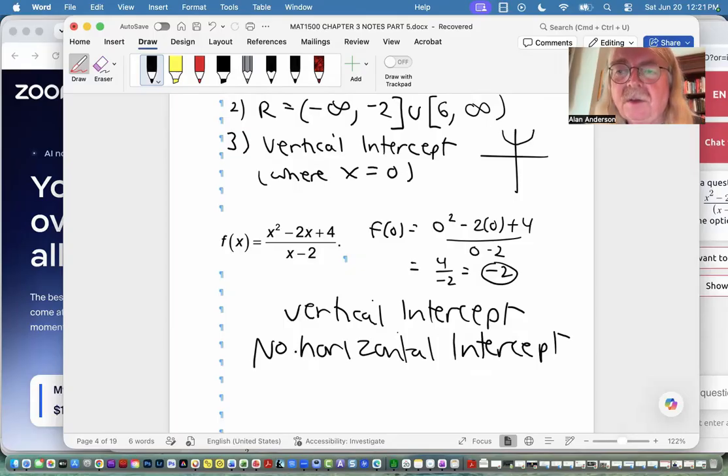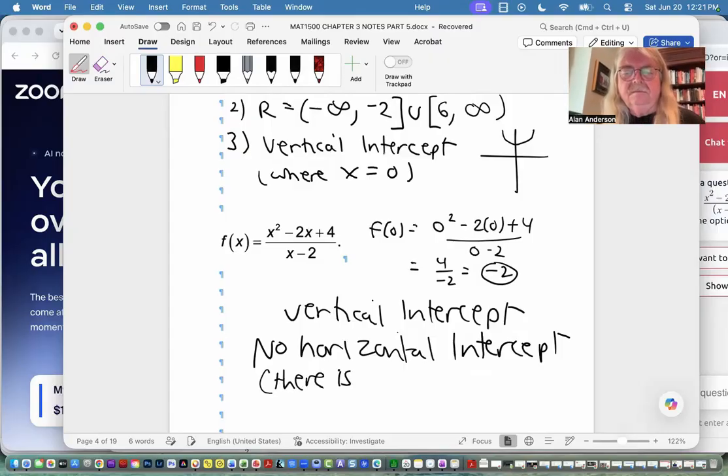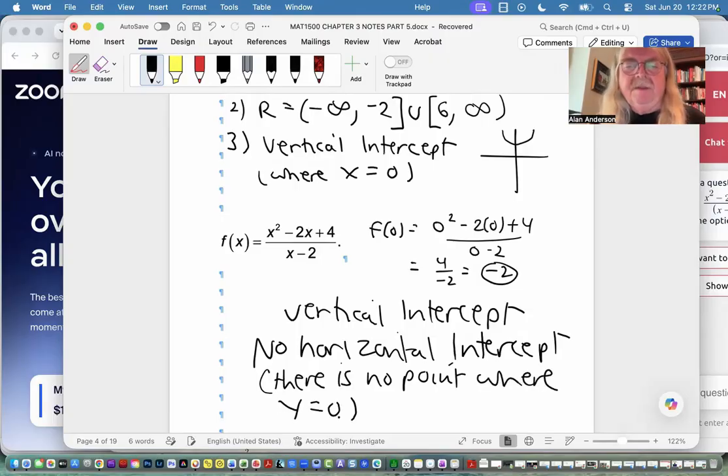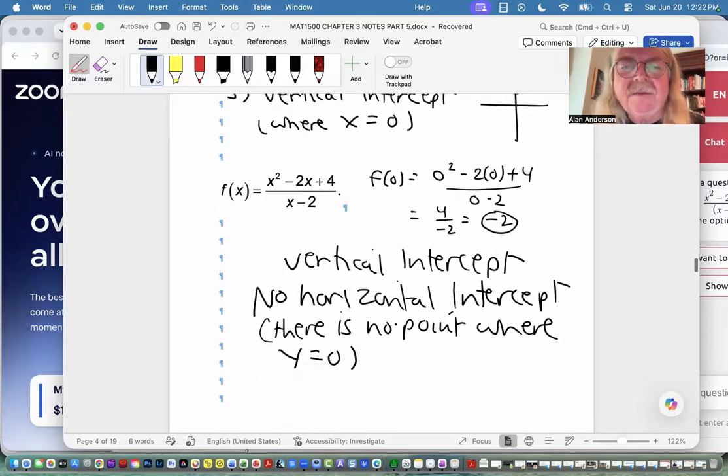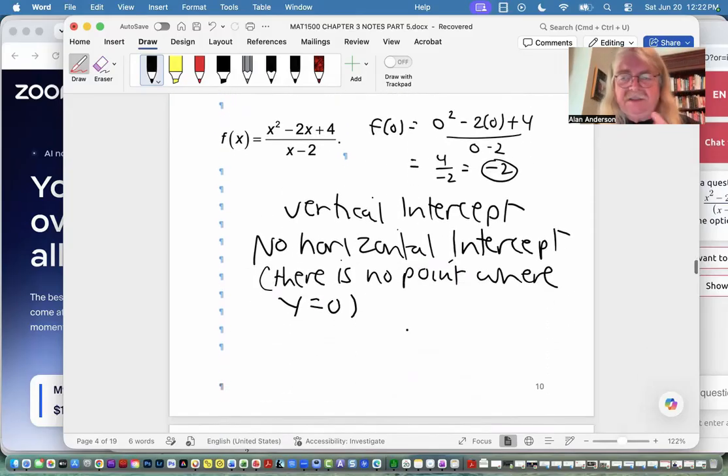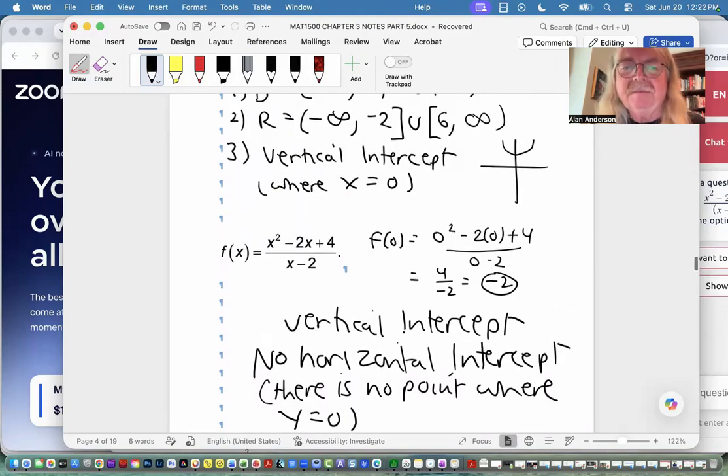The horizontal is where y equals 0. And then we were looking for symmetry, and we talked about the slant asymptote. So let's go ahead and look at the critical values.